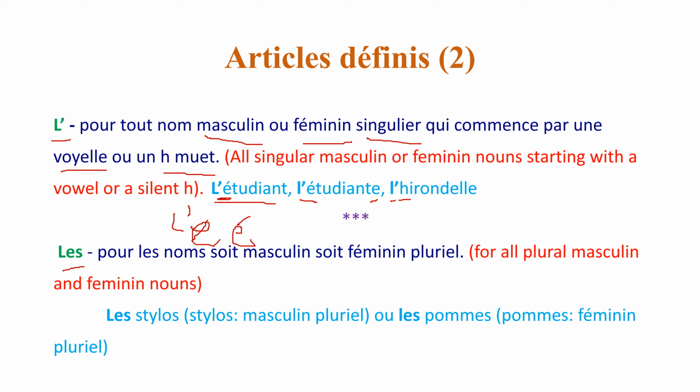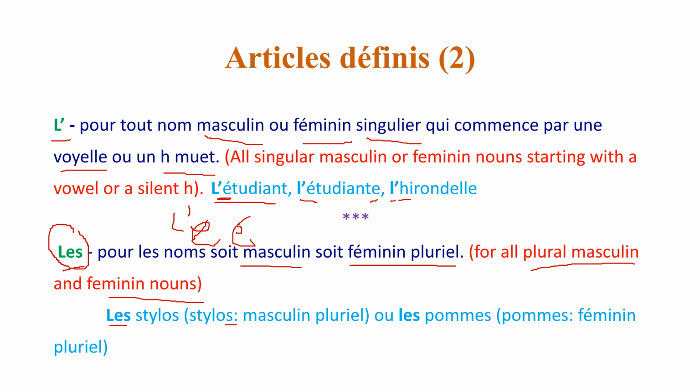Moving on, now we look at the number. Earlier we said the number is either singular or plural. Now we're going to look at the plural, which is LES. Now when do we put LES? For all plural, masculine and feminine nouns. So pour les noms soit masculins ou féminins au pluriel. For example, les stylos. A stylo, we add an S to have the plural form.